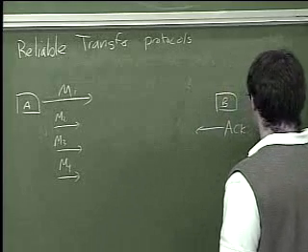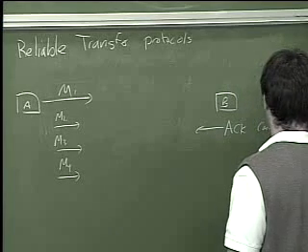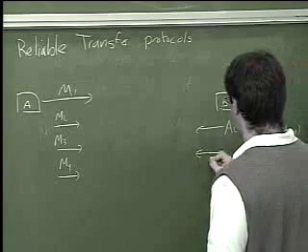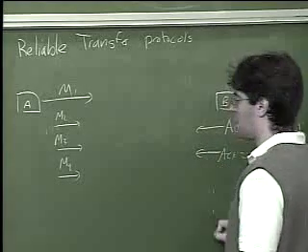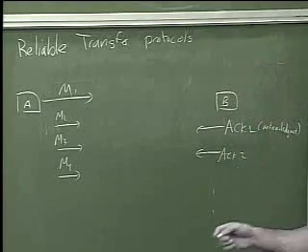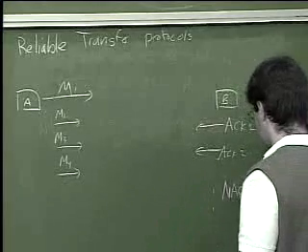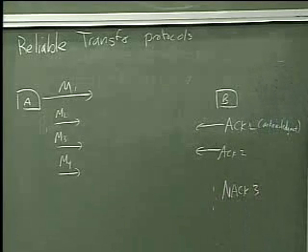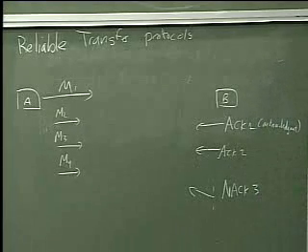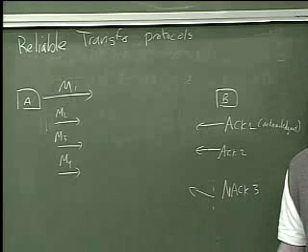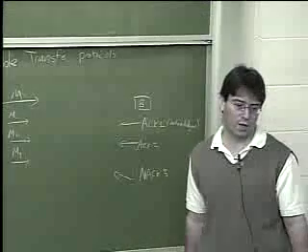ACK stands for acknowledgement. ACK, I got your first message. ACK, I got your second message, etc. So if I don't get an acknowledgement after a certain amount of time, or maybe B can even send me a negative acknowledgement, NACK 3, never got your third message. Okay. Problem is, B's messages can also get lost. All right. So things start to get complicated.